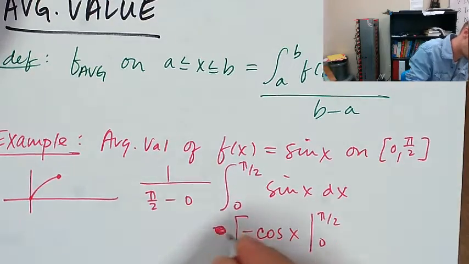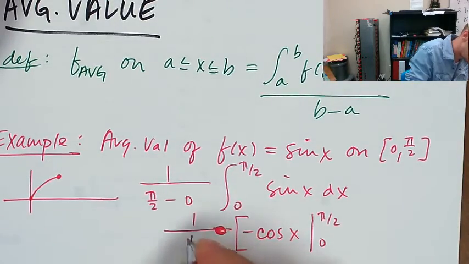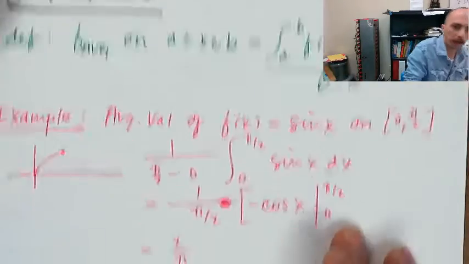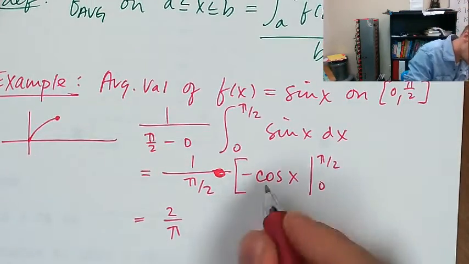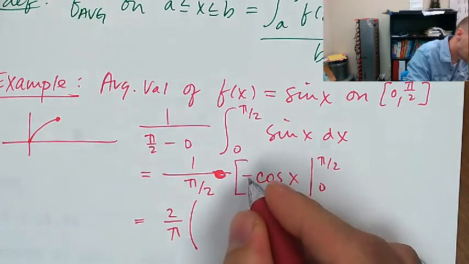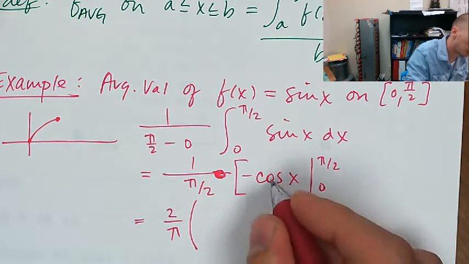Oh, whoa, forgot to divide. So it'll end up being 2 over pi, times, because 1 over pi over 2 is 2 over pi. And maybe I'll factor out the, no, I don't think I will.